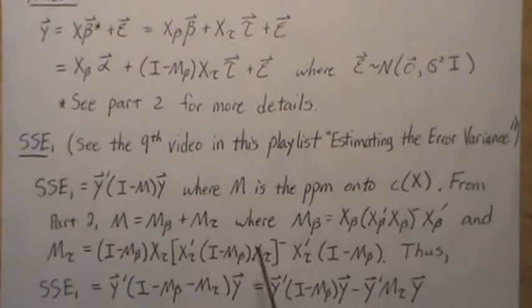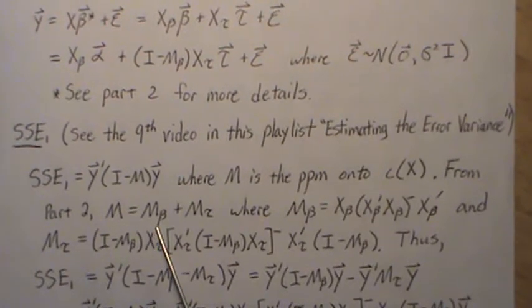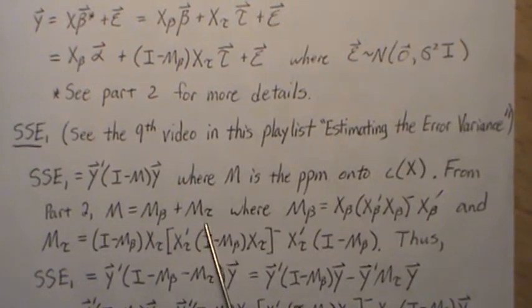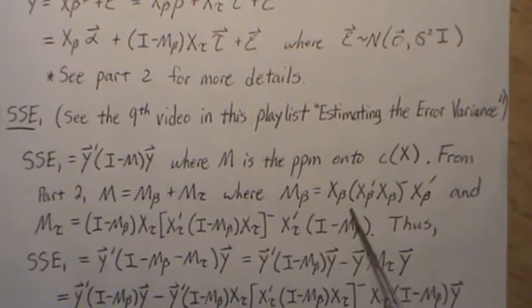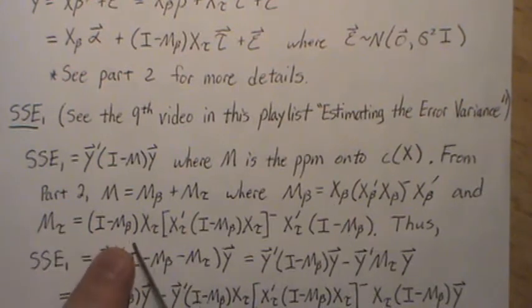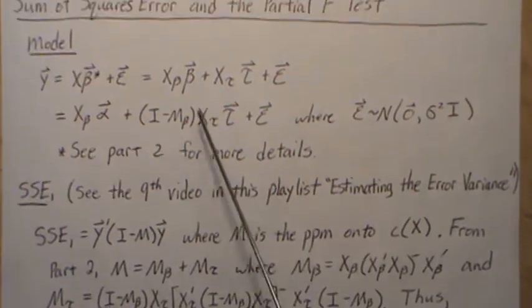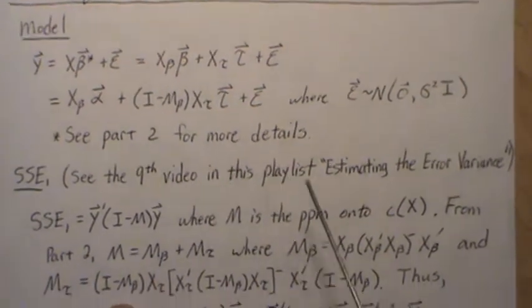But in part 2, we noted that m is m beta plus m tau, where m beta is the perpendicular projection matrix onto the column space of x beta, and m tau is this expression, which is the perpendicular projection matrix onto this column space.